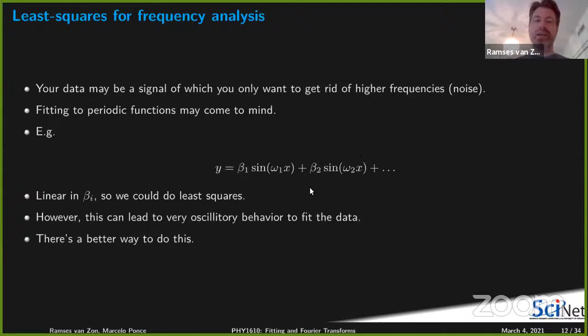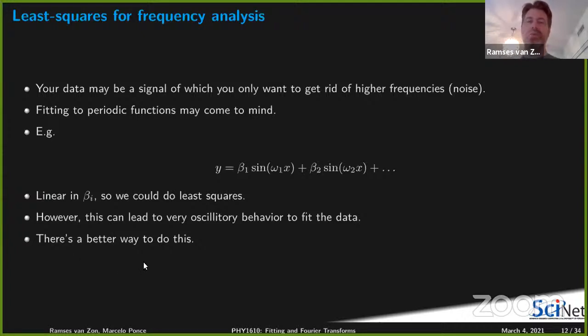That's nice. It's linear in these betas, so we could do least squares for this, just as we did. But because these are oscillatory functions and I'm throwing things away, what you tend to get is a very oscillatory behavior of the data, and it's not a very nice way to do it. In fact, it's a kind of expensive way to do it.